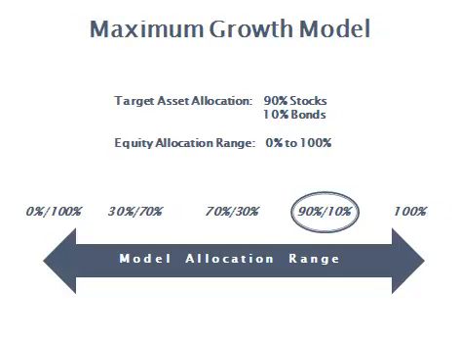And lastly, the maximum growth model. The target asset allocation of the maximum growth model is 90% stocks, 10% bonds. The equity allocation in this model could range from 0% allocated to stocks up to 100%, depending on the overall trend of the market.